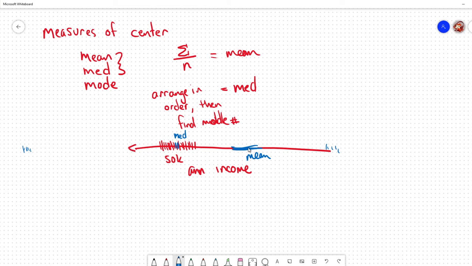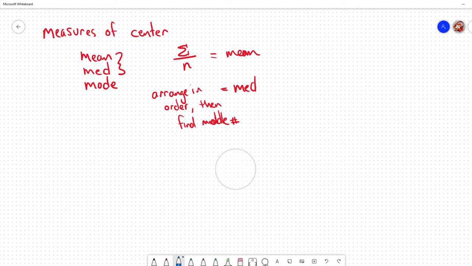When the mean is greater than the median, like it was here, where I had an outlier sticking out, that influences the mean to being greater than the median. If the mean was less than the median, then that indicates there's an influencer on the low end, dragging it, again causing that skewness in our graph. So that's what that indicates about center. All right, now let's talk about measures of spread.